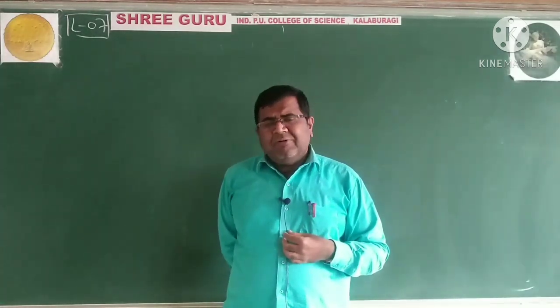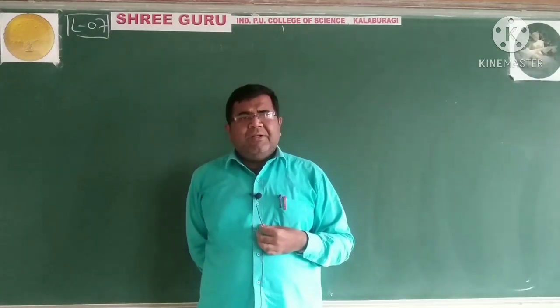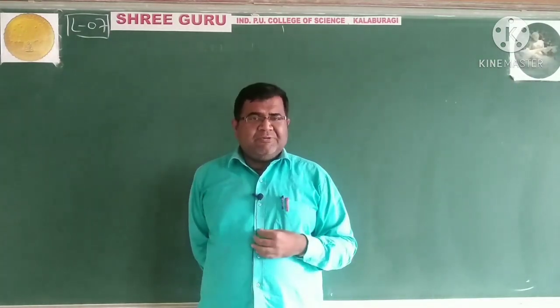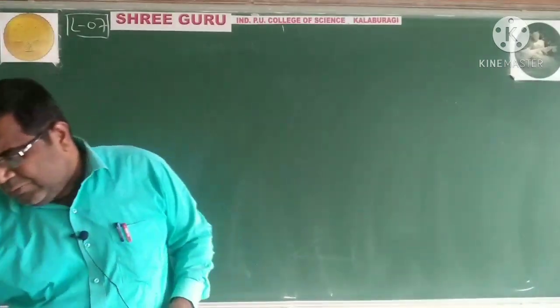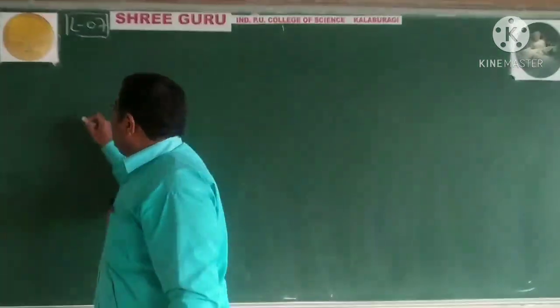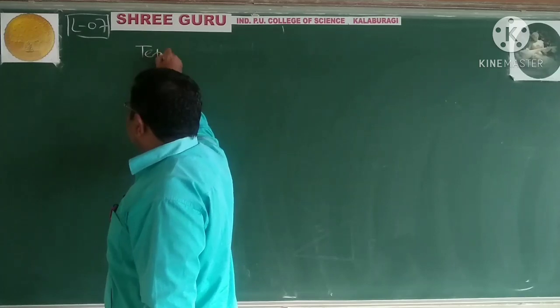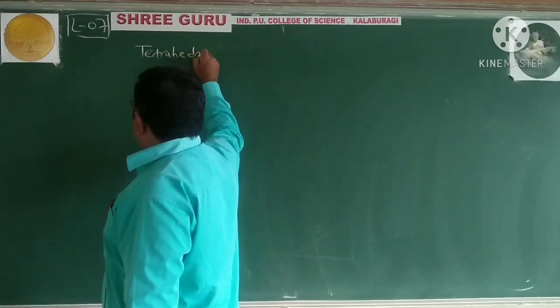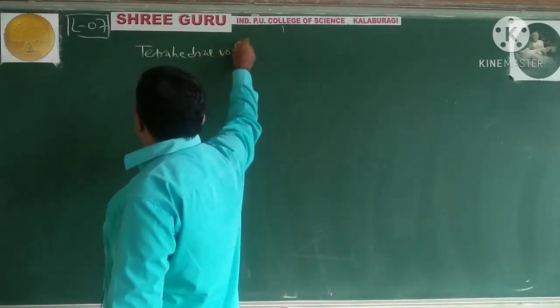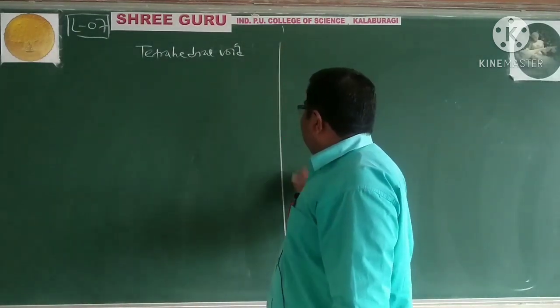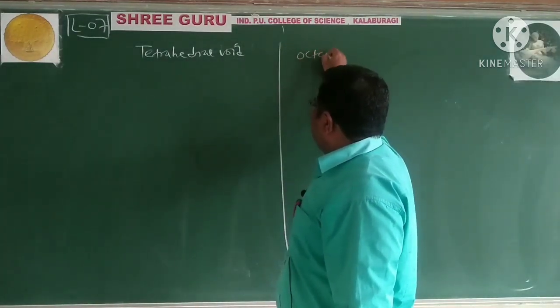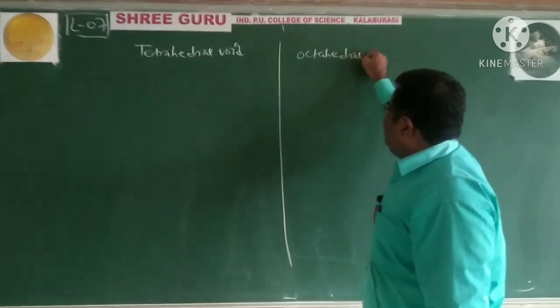Now we have one more type of concept here. We call it void. So we have 2 types of voids. One is called tetrahedral void. Yesterday I drew this diagram, tetrahedral void. And another is octahedral void.